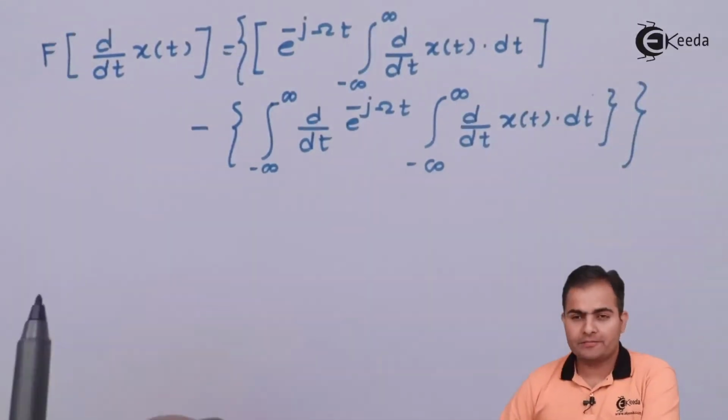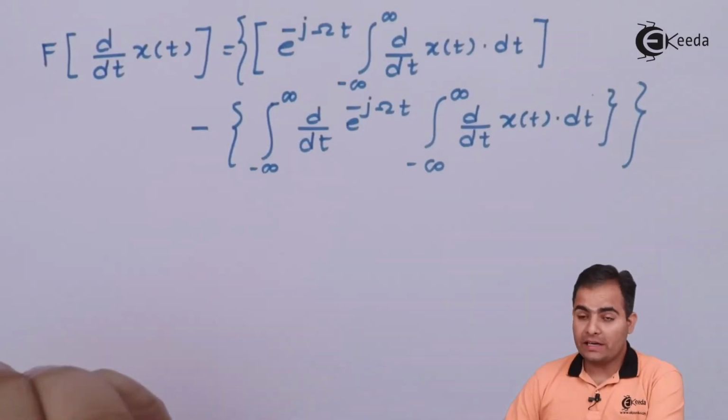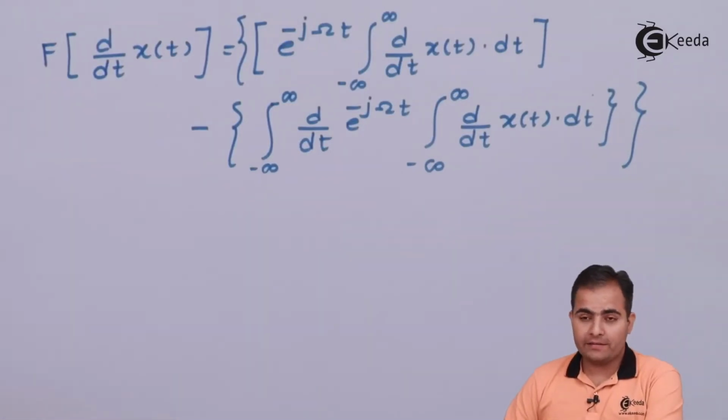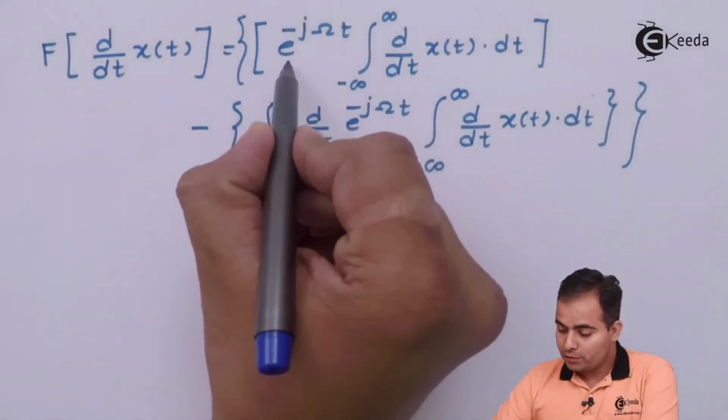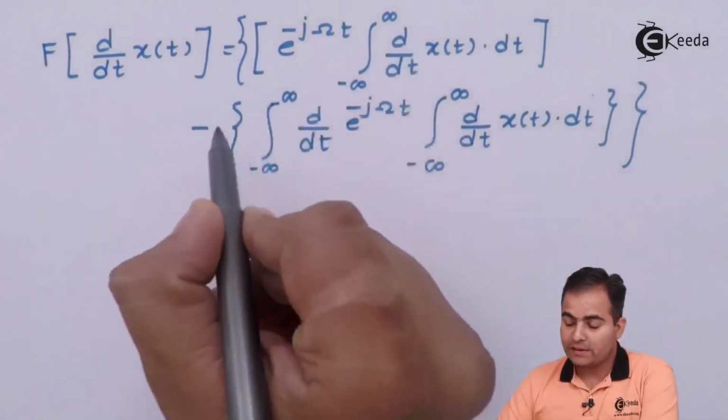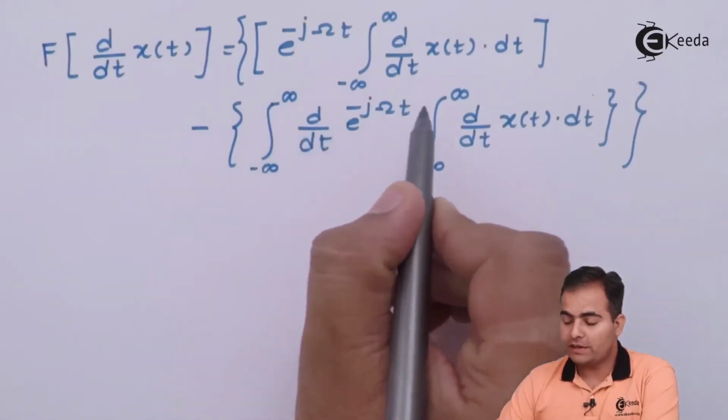Now look at here. I have placed my u, that is e to the power minus j omega t, and v, which is d by dt of x of t, in my formula. So my formula was u into integration of v minus integration of derivative of u into integration of v.